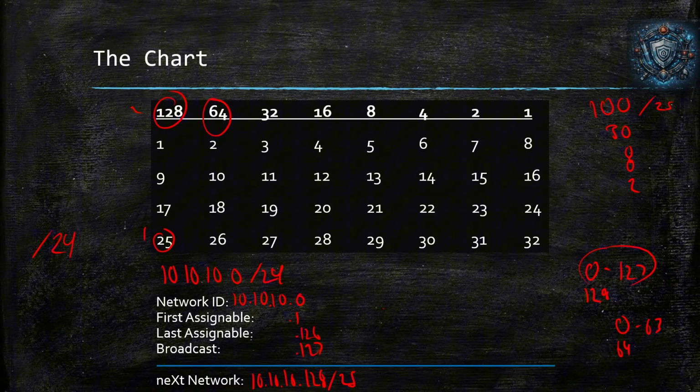So the subnet that covers 100 hosts is 10.10.10.0/25. There's our 100 hosts. Gone. Bang. Easy.